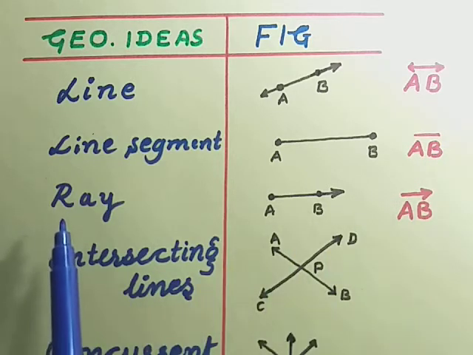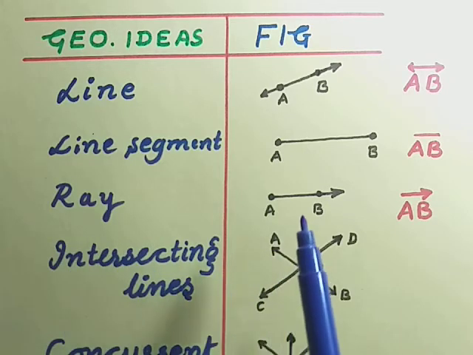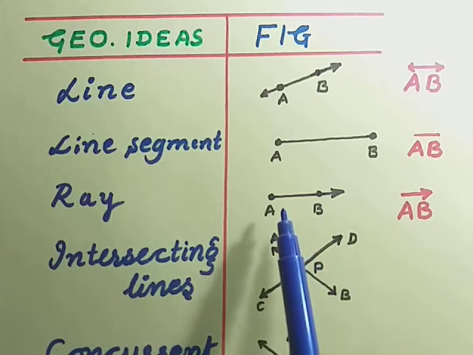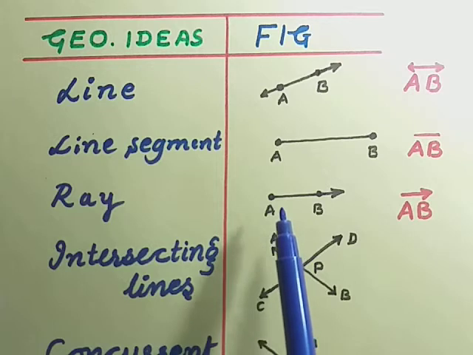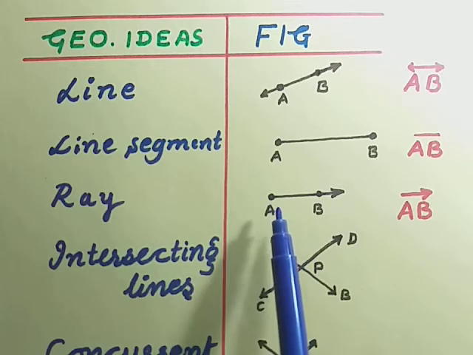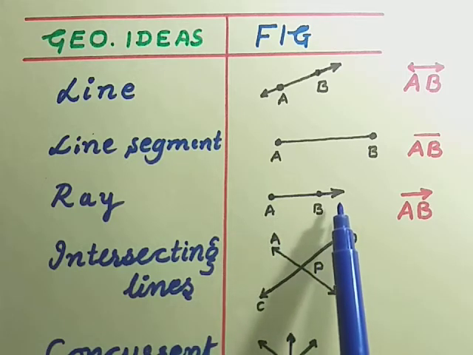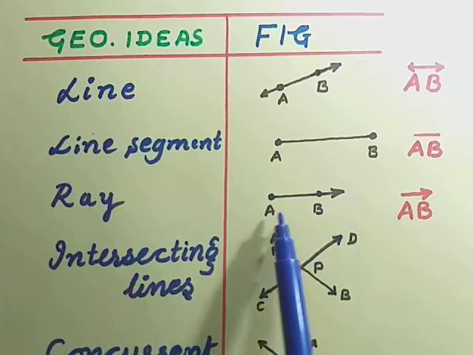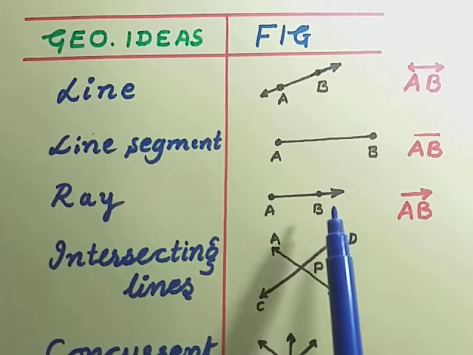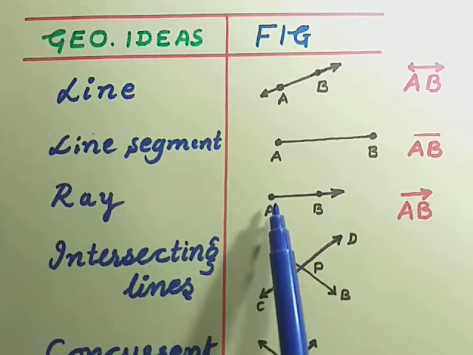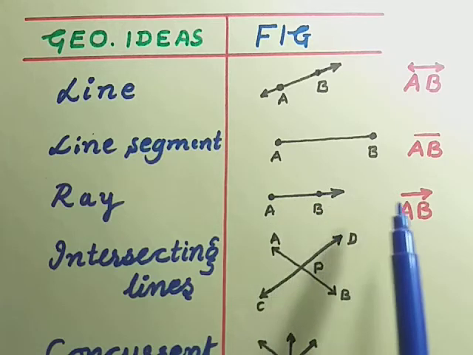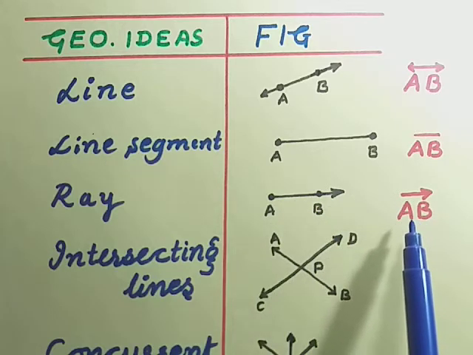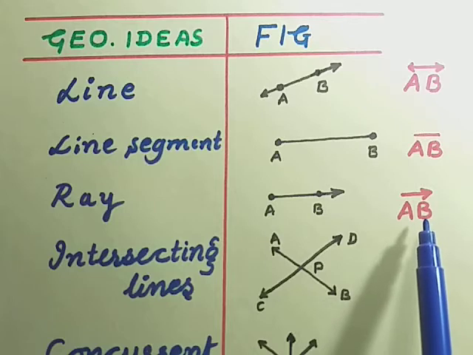Similarly, a ray means a line that starts from a fixed point A and extends in a single direction. Here AB is called a ray because it starts from A and it goes in a single direction, and the mathematical representation is AB.